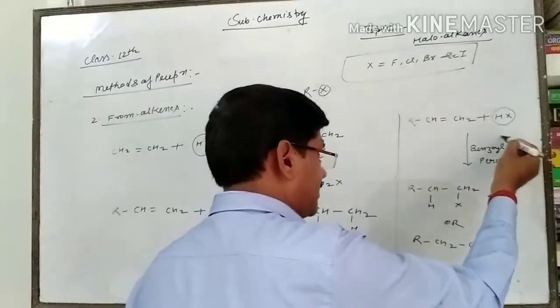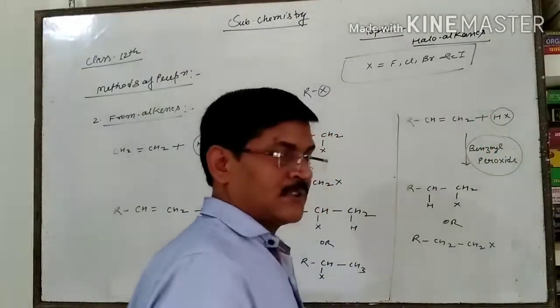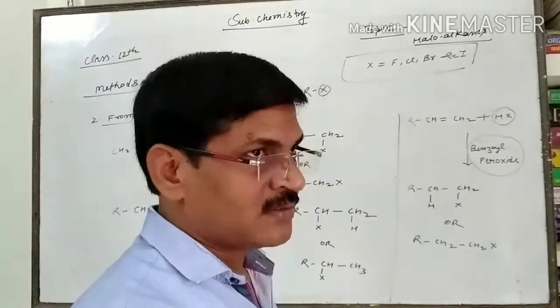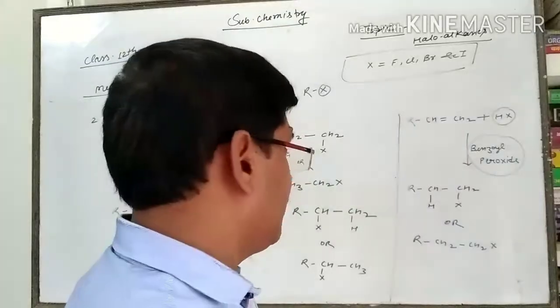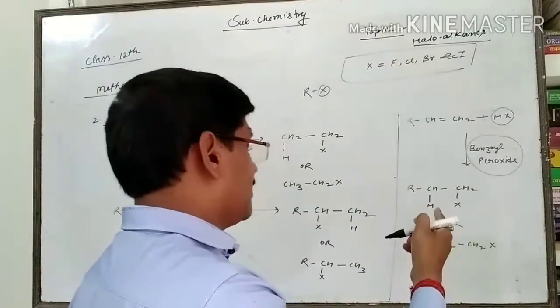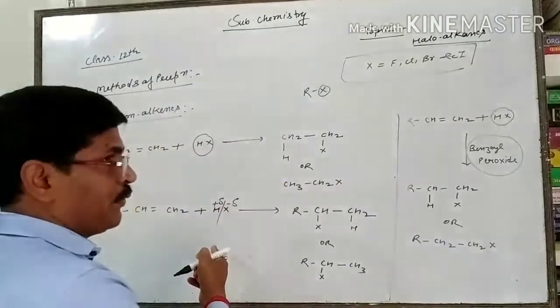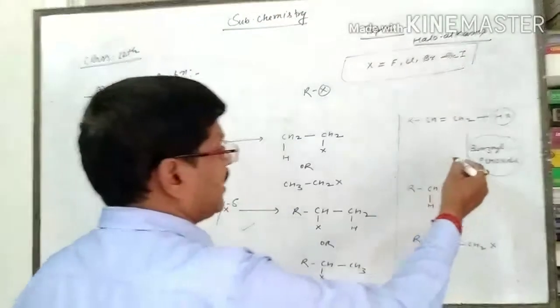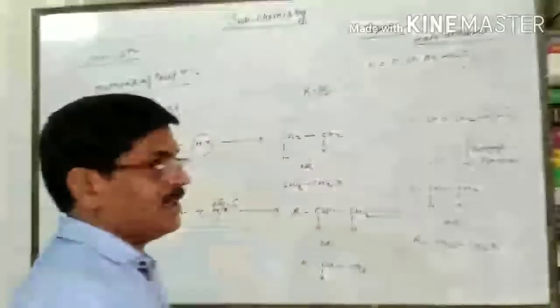In the presence of peroxide, as you have seen in earlier classes, this is known as the Kharasch effect or peroxide effect, because the addition is just the reverse of Markovnikov. So this one is according to Markovnikov and this one is anti-Markovnikov.